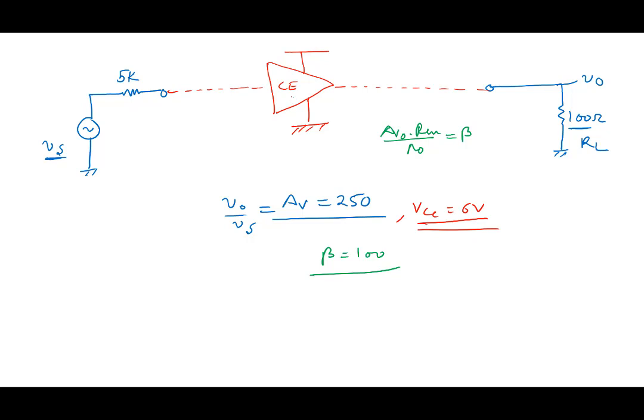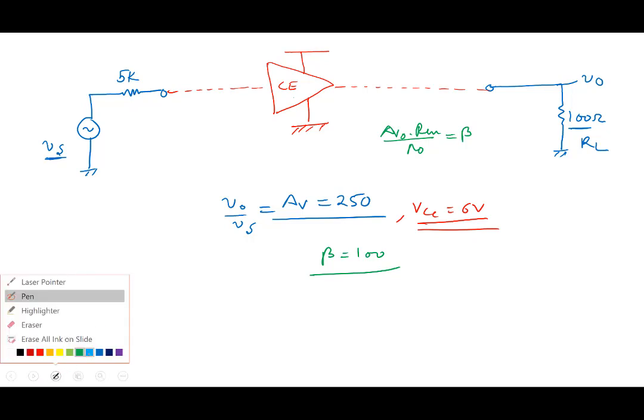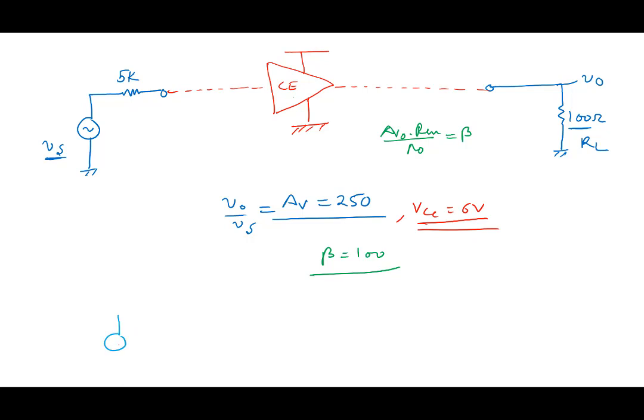So if I were to draw the equivalent circuit, if you say a single stage will work, Vs, 5K, then this amplifier will look like this.